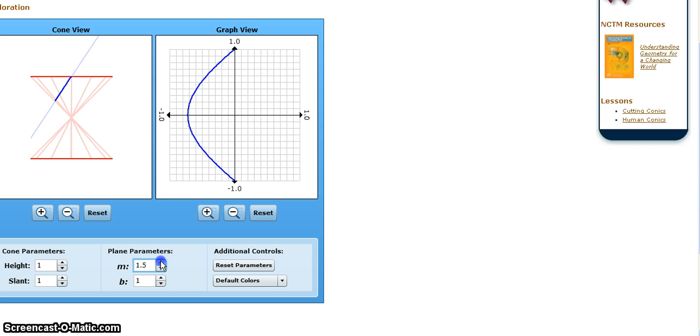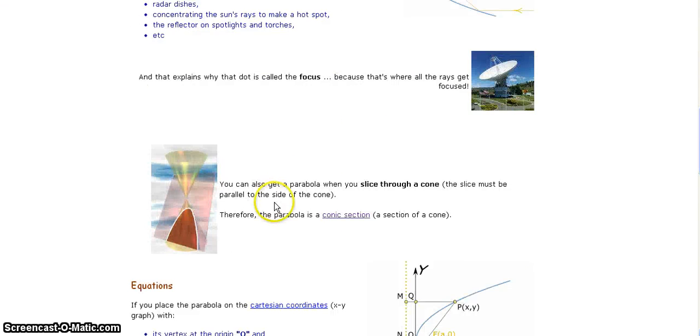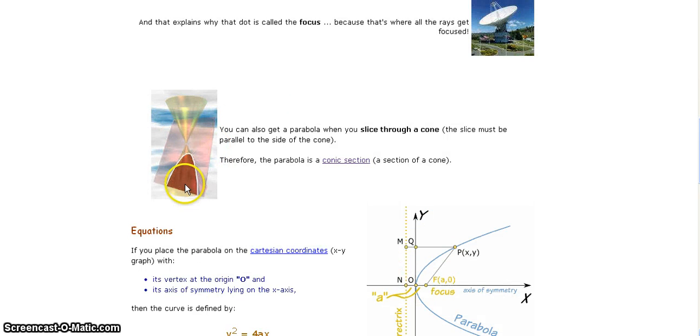I can make it a little bit more straight. You can see it bubbles out a little bit more, becoming more like a hyperbola. So there are different ways you can think about a parabola. I think the best picture is the double cone with that slight angle of our plane coming through, and there's a nice picture of a downward facing parabola again.